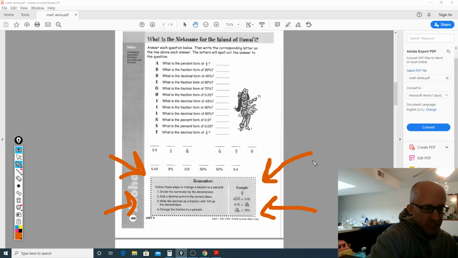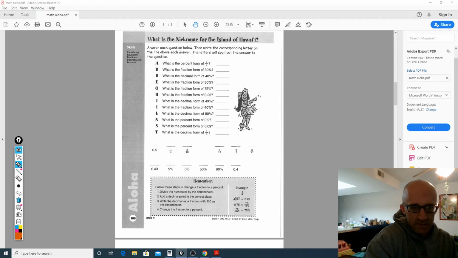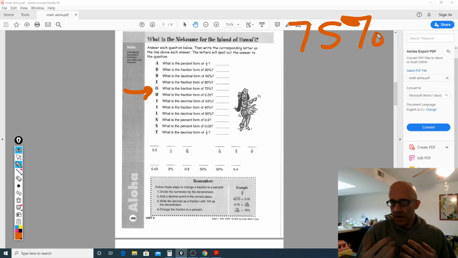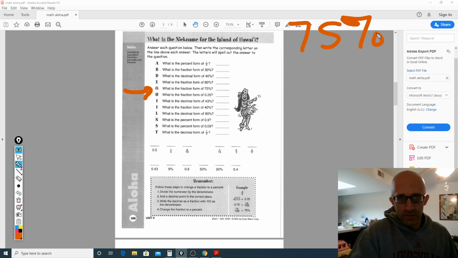So percent to a fraction, let's say in the instance of 75%. What's the fraction form of 75%? Well, when you're talking percent, it's based out of 100. A percent is based on 100%.